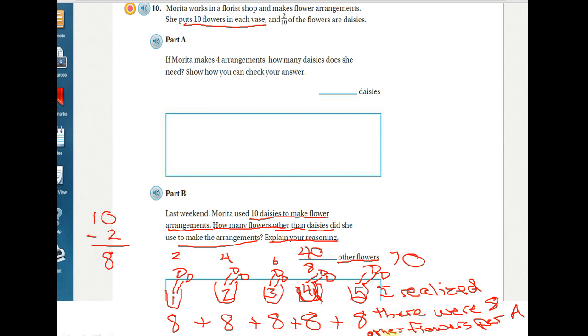Per arrangement, and there were 5 arrangements. So in other words, 8 times 5. Other flowers, number of arrangements, 40 other flowers.